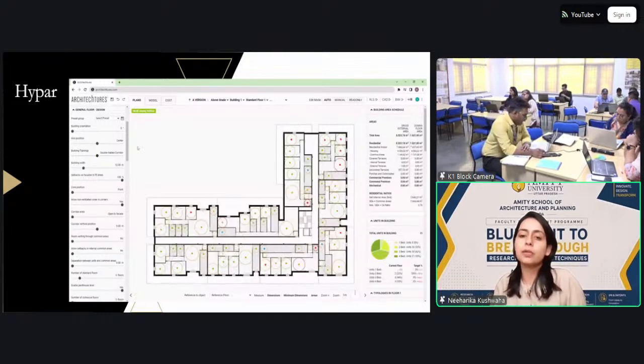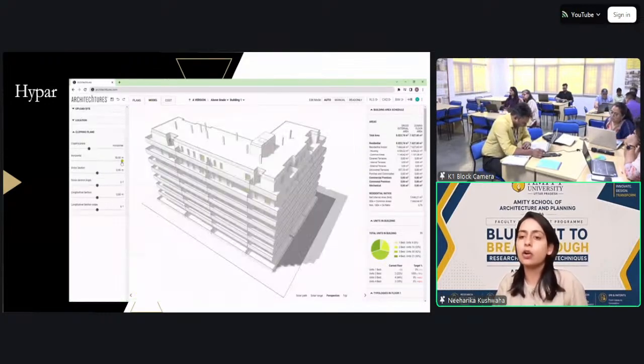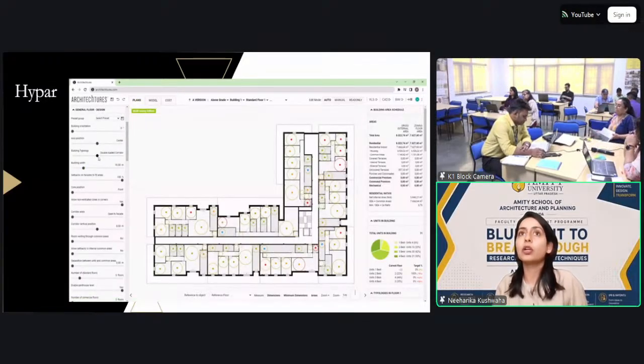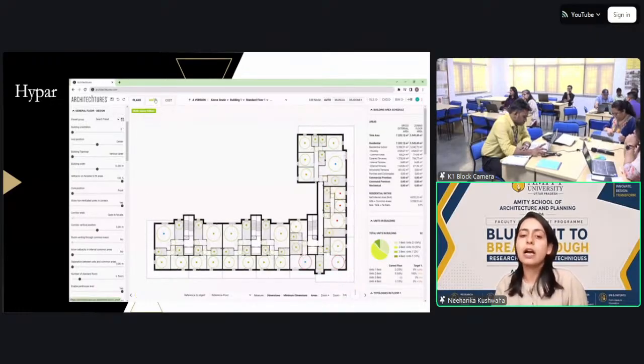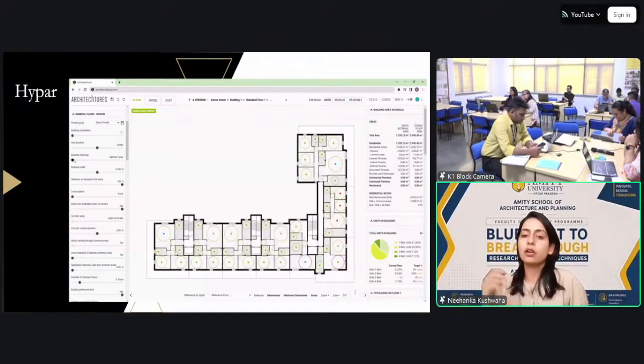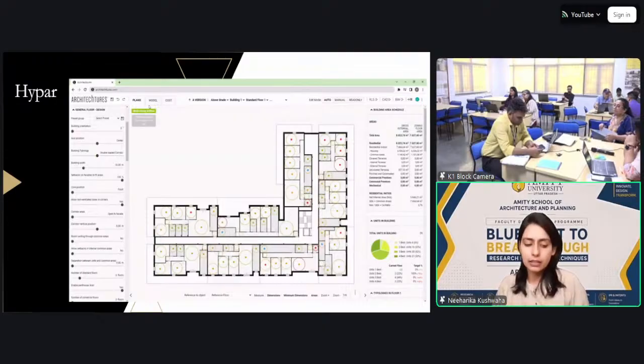Total units in the building should be this much and that much, and how does it impact residential quality of life in the area, how my common areas are placed, how my spatial design can change the urban context in and around my building. Hyper helps you to do that.